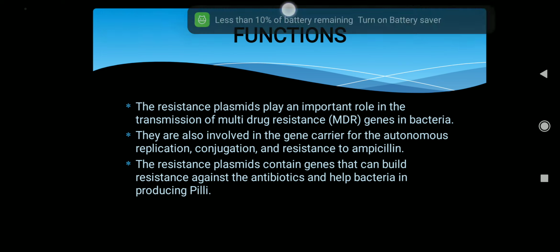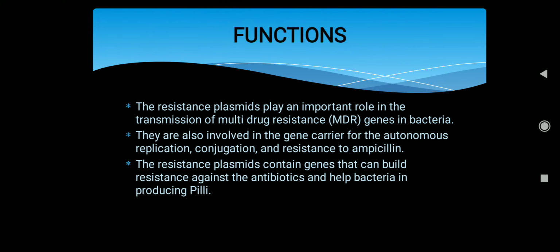Let us see the functions of plasmids. As I told you, the main function of the resistant plasmid is that they carry the drug resistance genes. So they are multi drug resistant, and the bacteria will survive even if you give drugs like antibiotics to them.